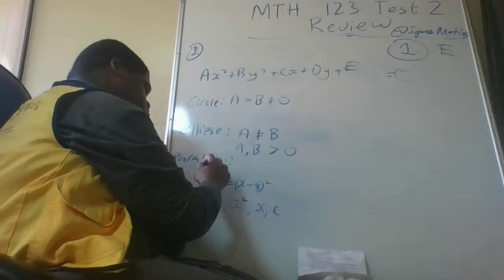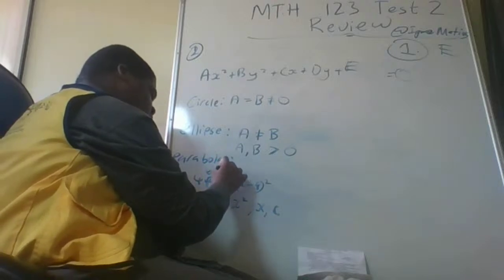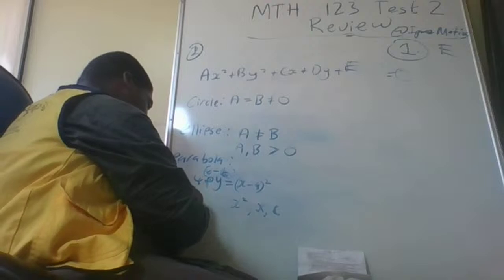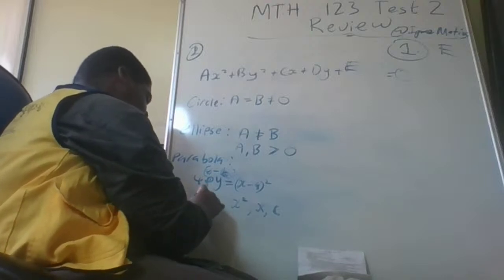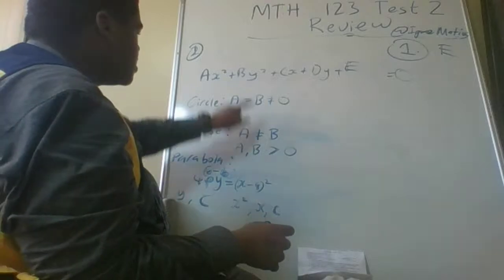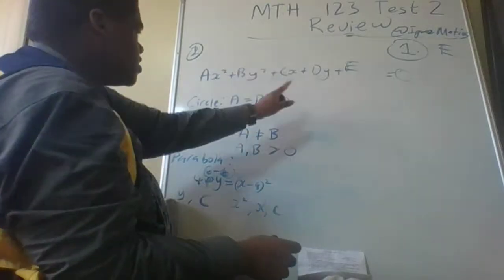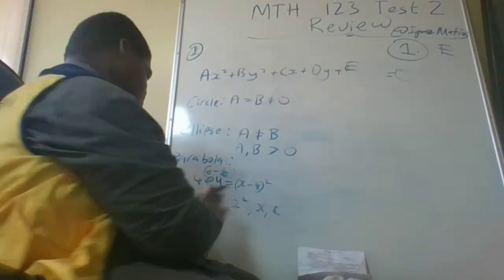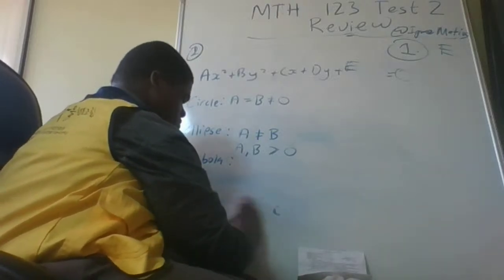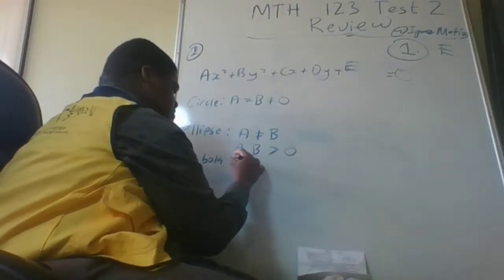The same thing happens for y. So y can be y minus b. So you're going to have a y term, and you're also going to have a constant term. So if you look at it, there's an x squared term, an x term, a constant term, and a y term. So for a parabola, there are two cases.